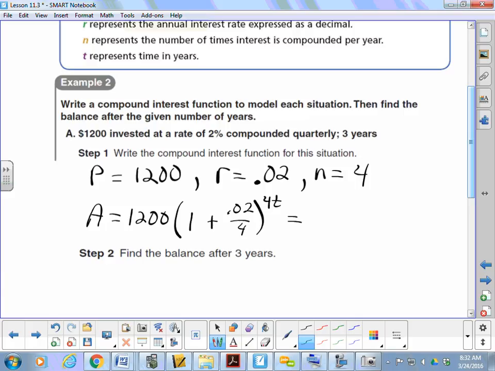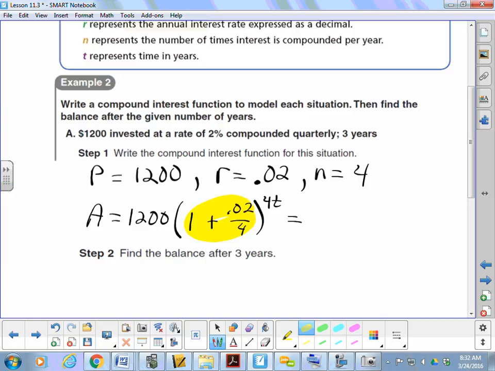Now you want to simplify this the best you can. So we're going to take our calculator and do 1 plus 0.02 divided by 4. I want you to calculate that value so that it's simplified when you finish writing the function.